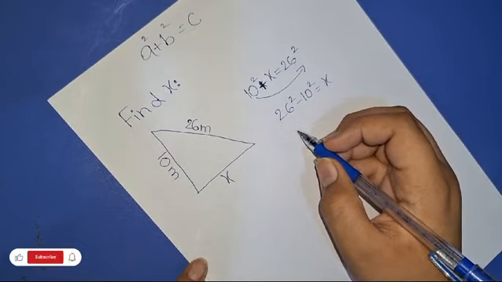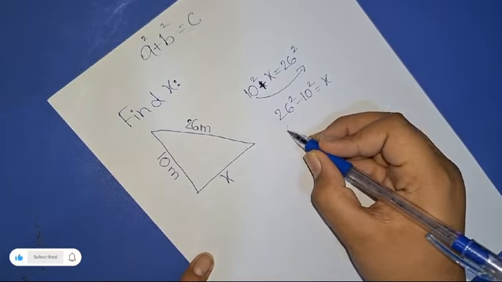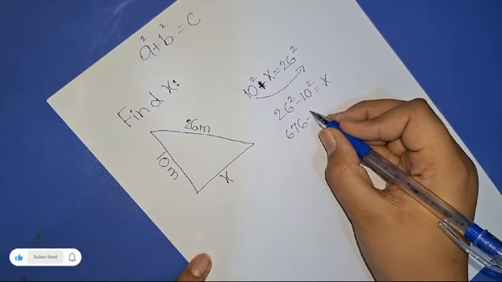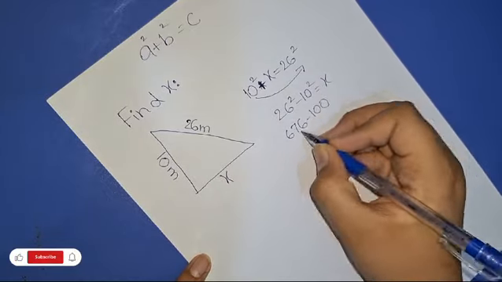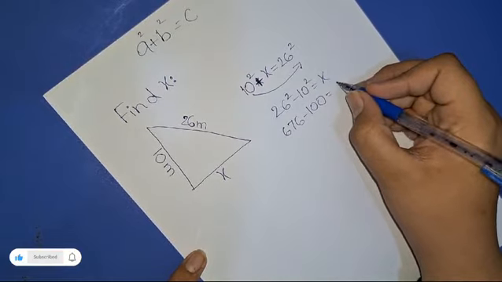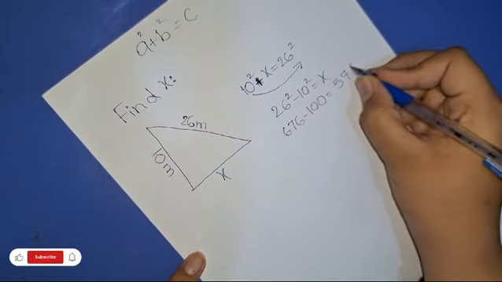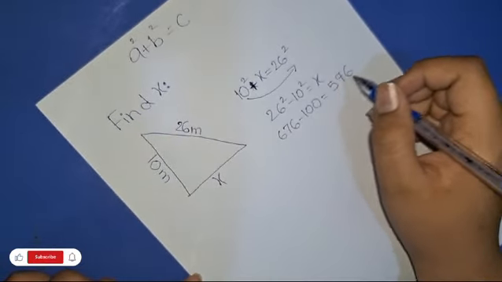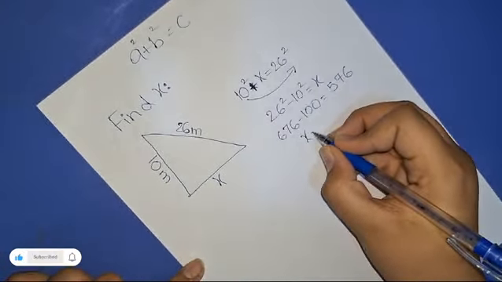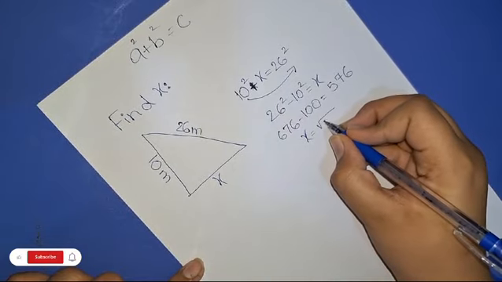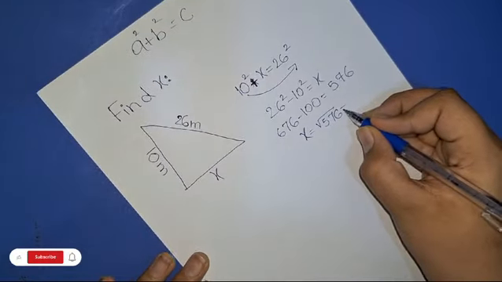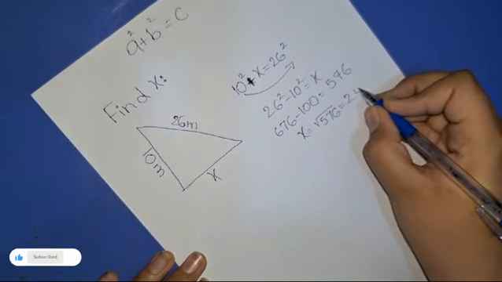26 square is 676 and 10 square is 100. So 676 minus 100 equals 576. Now we have to take the square root of 576. So x equals the square root of 576, which is 24.